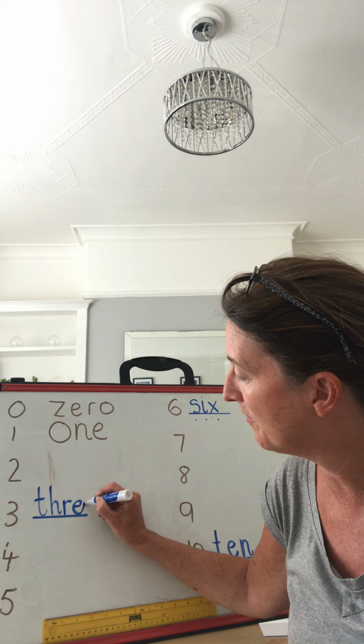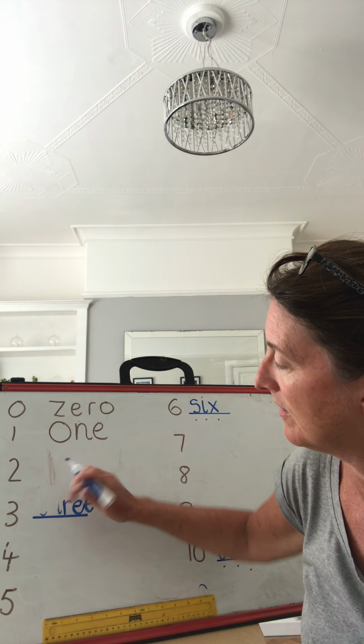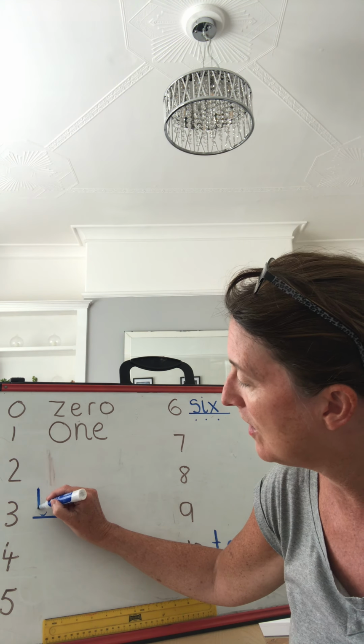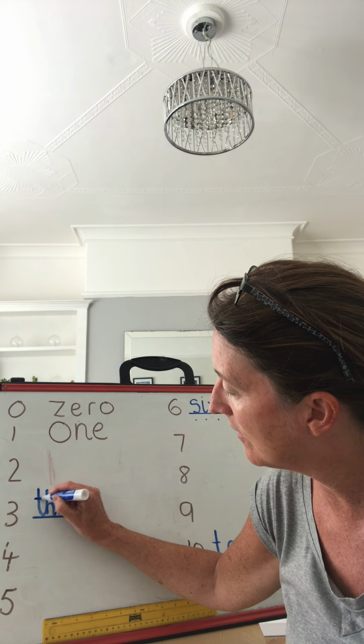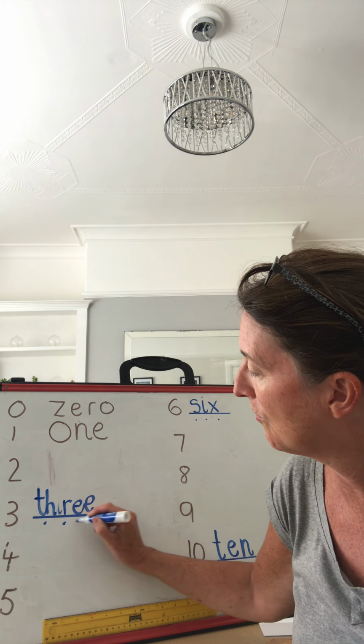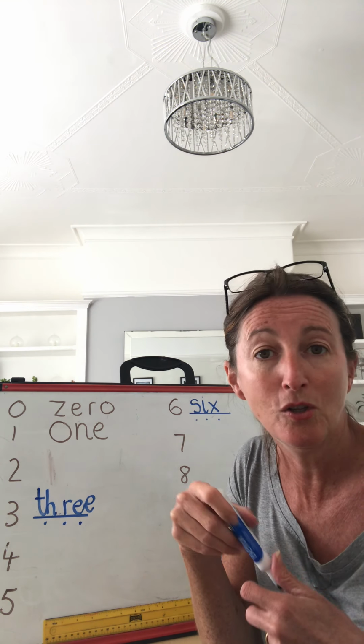I'll join this one. So that's got, oh, I'm going to rub that out because that was terrible. Start at the top, down, up, down, and then cross. Okay, 3.